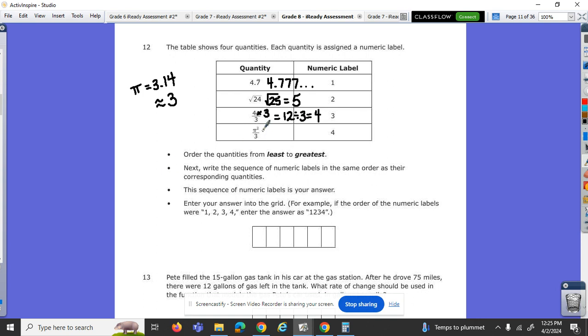Okay. All right, this one is pi squared. Well, if we still use that 3, right, that means 3 squared, which we know 3 squared is 9, right? And 9 divided by 3 is 3.